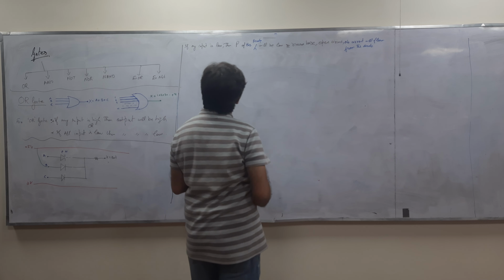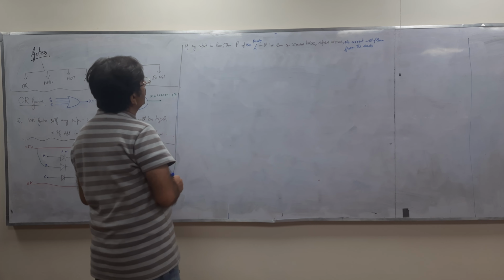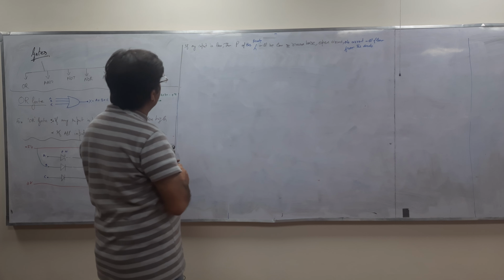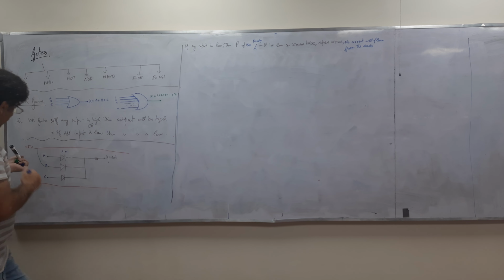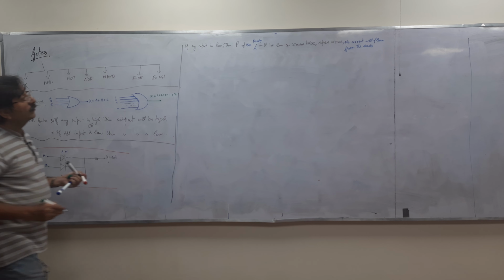So the P of this diode will be low. For example, if C is connected, then this diode will be treated as open and this will be closed.